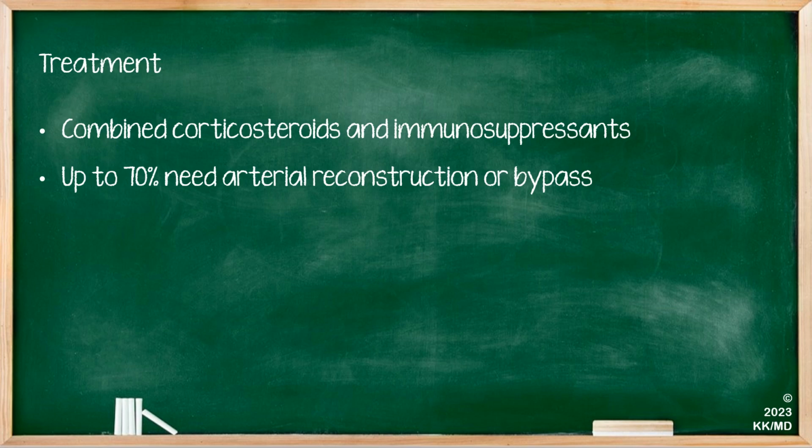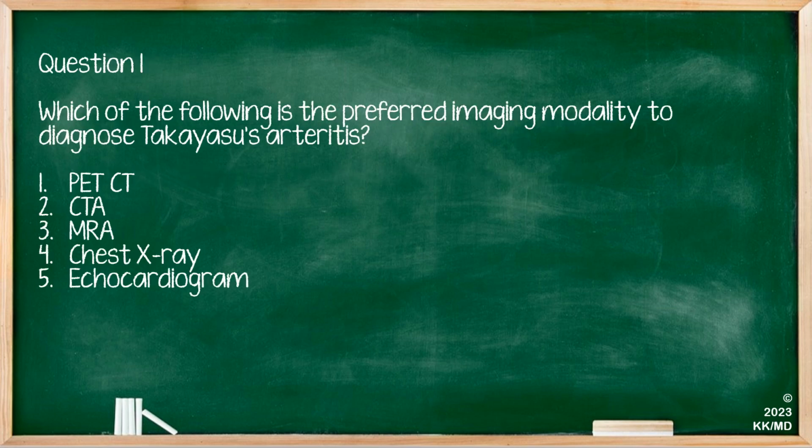However, if you're particularly interested in this, by all means do feel free to spend more time learning about the details of this treatment and the different immunosuppressants that are available.